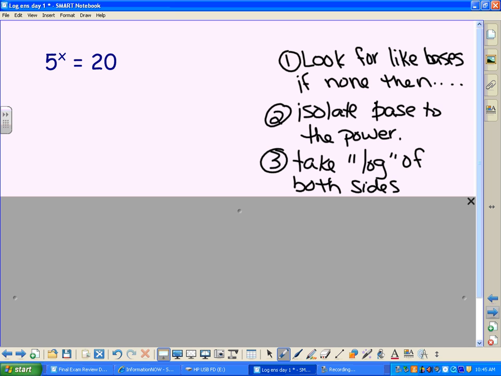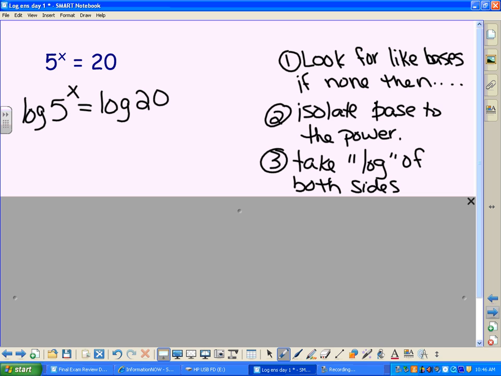When you take the log of both sides, you can take the log with whatever base you want. Because with an equation, as long as you do something to the left side, if you do the very exact same thing to the right-hand side, won't they stay equal? Okay, so let's take the log of both sides and let's choose base 10. Why? Because your calculator is going to help you calculate your final answer and get a decimal approximation. The log of 5 to the x is equal to the log of 20.